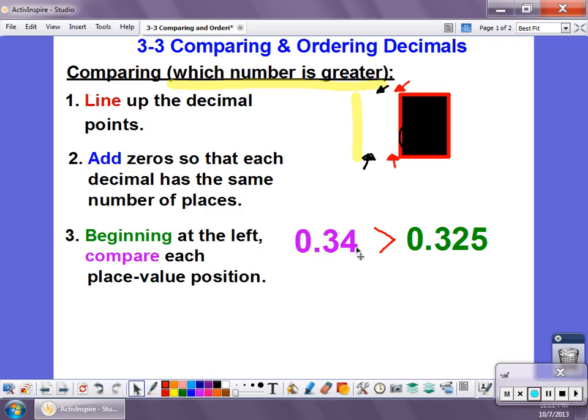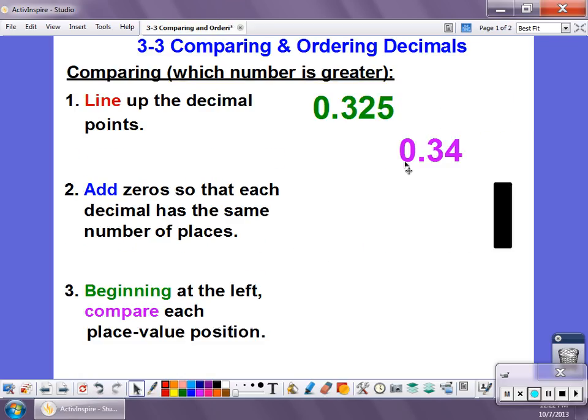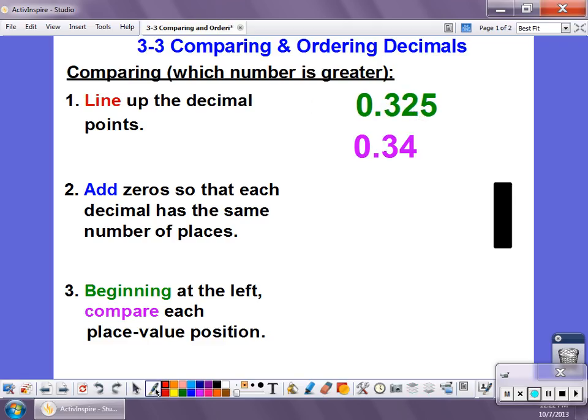The second way, what you want to do, is again, line up your decimal points, and we're going to add our extra 0 in here to fill in this place value position. But now, instead of covering things up, what we want to do is think about these numbers in terms of what they would look like if they were a picture. Think about this picture. This number up here is 325 thousandths.